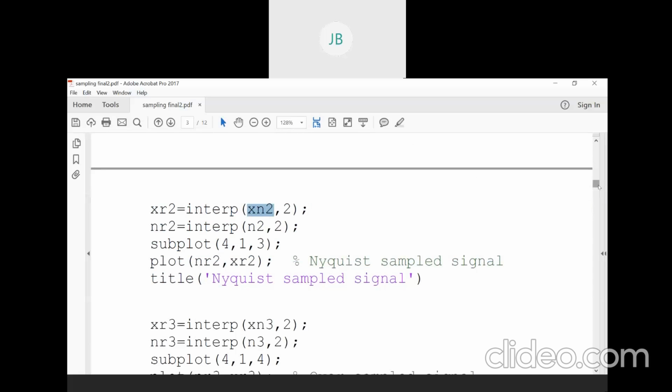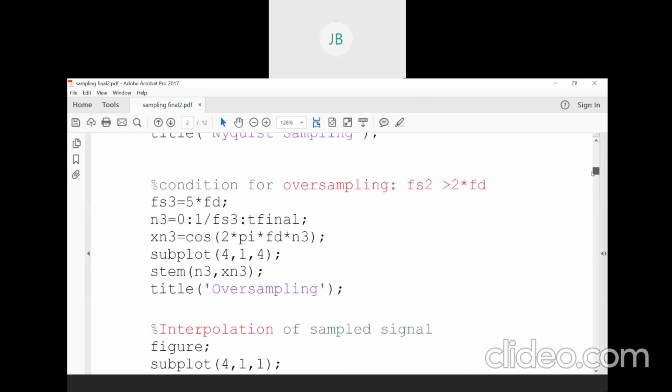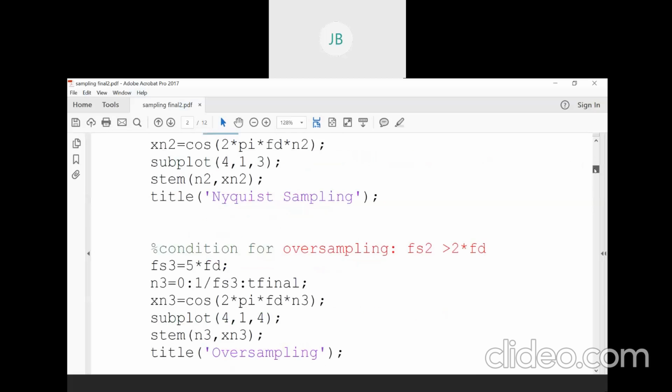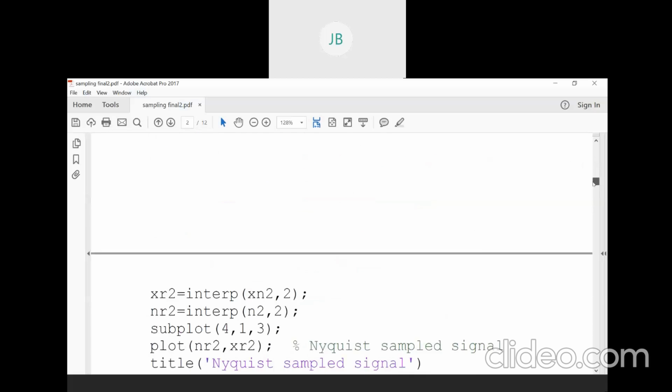If you want, I can go back and show you xn2. In the case of Nyquist sampling, we use the variable xn2, which is nothing but cos of 2 pi frequency and n2. So these are the Nyquist rate sampled signals.